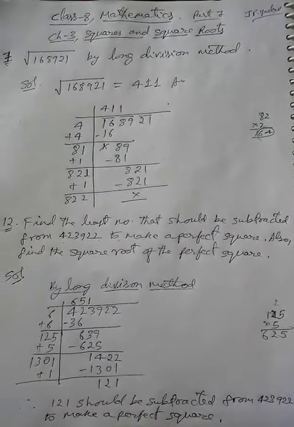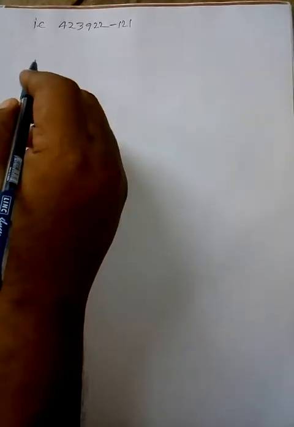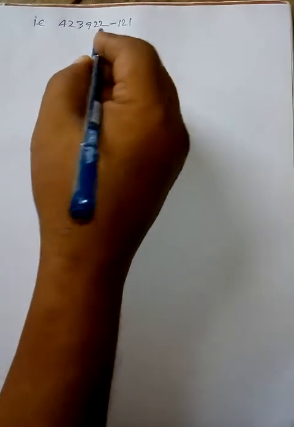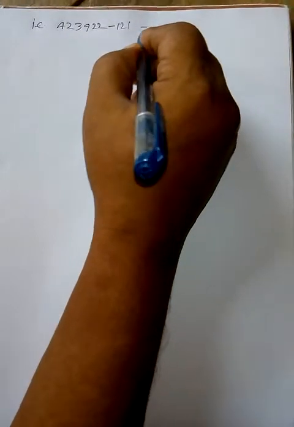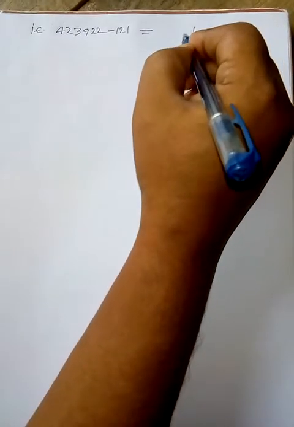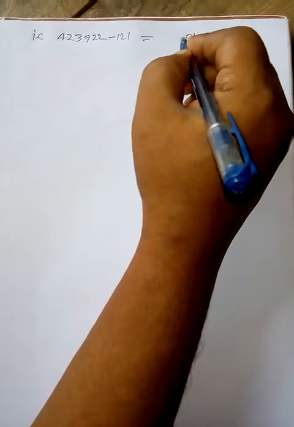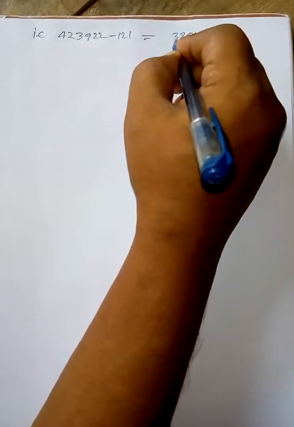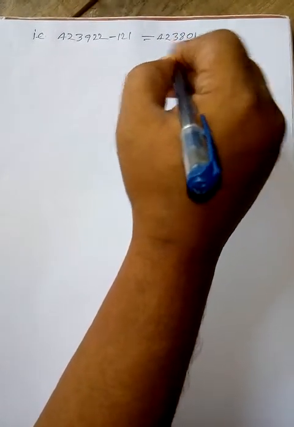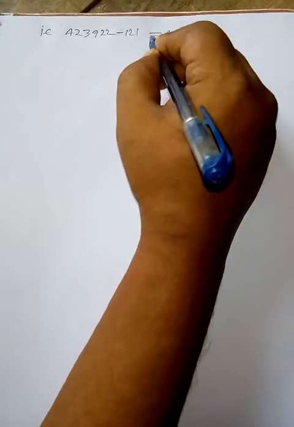That is, on the next page, 423922 minus 121 gives 423801. This is the number we get, which is a perfect square.